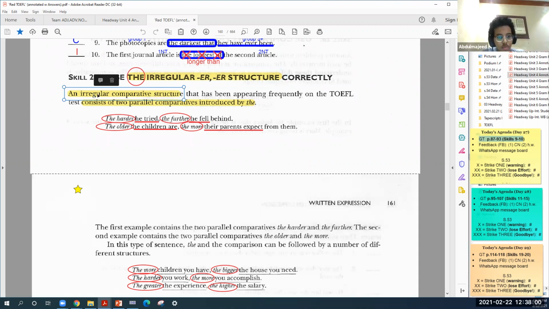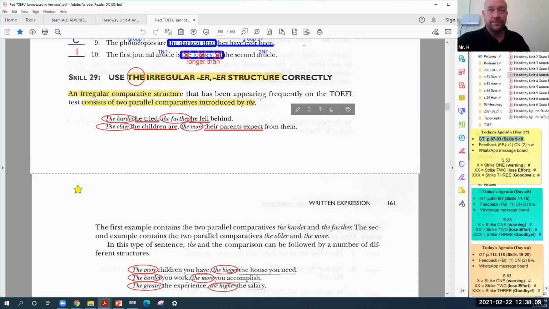An irregular comparative structure consists of two parallel comparatives introduced by "the". So that means the "the" must come at the beginning. In this formula, the "the" comes at the beginning, always.